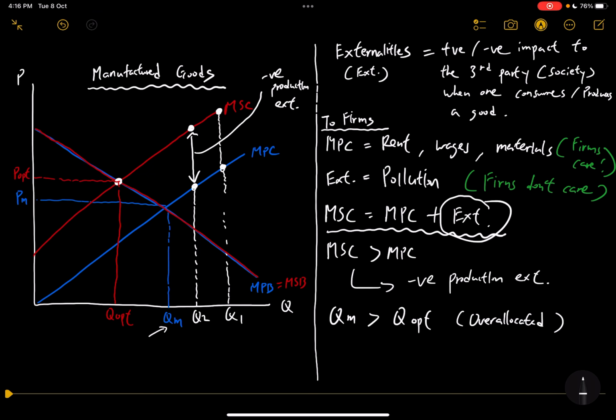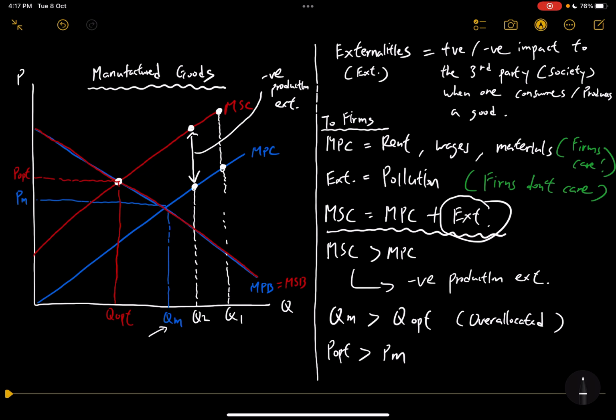And if you look at the prices as well, comparing the two perspectives, you can also find that P opt is bigger than PM. So what is going on right here? It means that the price expected by the society is higher than the price determined in the market right now, what actually happened.